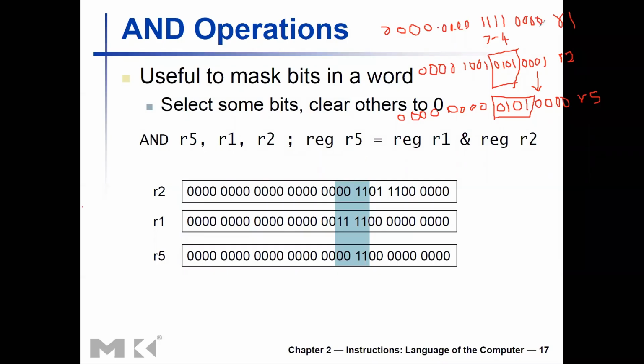Bitwise AND means you take bit pairs: you get the 0th bit, the least significant bit, of R1 and R2, do the AND operation between those 2 and put the result in the 0th bit of the destination register, and then you go for the first bit pair, the second bit pair and the third bit pair.